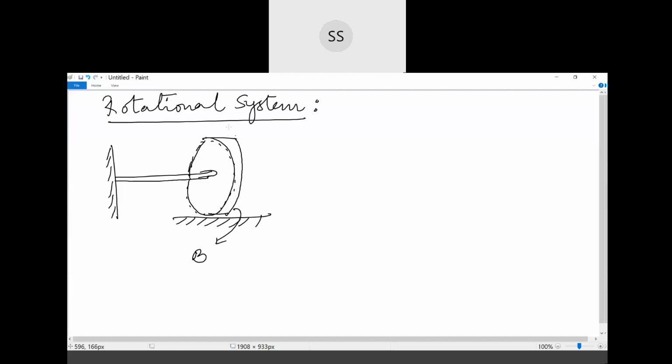Then what we need to apply is the torque T. Torque T is applied here. Because of that, we observe theta, which is nothing but the rotation. So this is the disk element, which represents our mass of inertia. And this is the shaft.